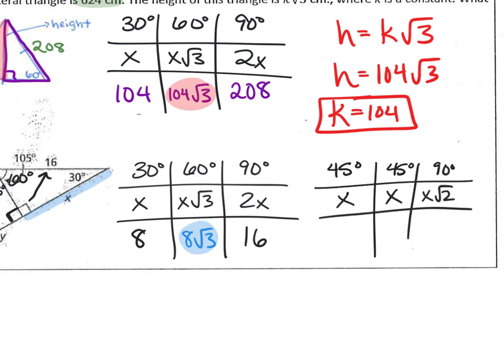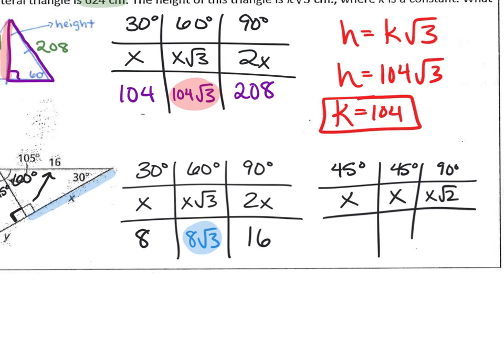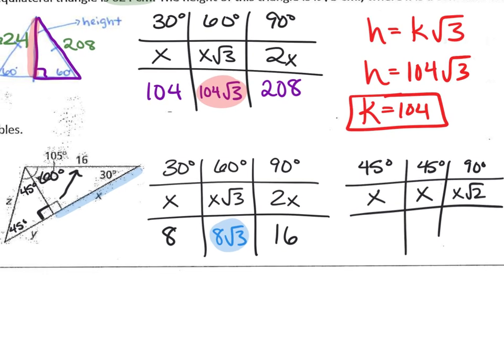Okay, let's figure out what we know so we can fill some stuff in. What number from the small triangle do we know? Look at where my arrow is pointing. Do we know this? 45. We know that they're 45, 45, 90. Do we know this side length? No, we know the height.